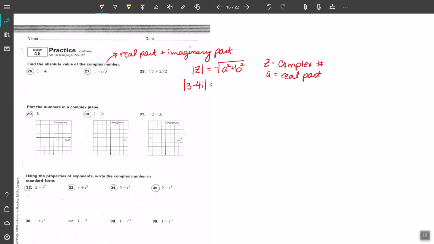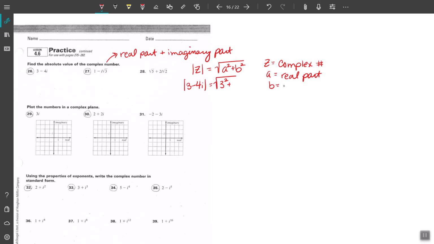In this case, the real part of that complex number is the number 3, and we're going to square the 3. Then I'm going to add to that the imaginary part of the number, which is only the number part. We leave the i off, okay?